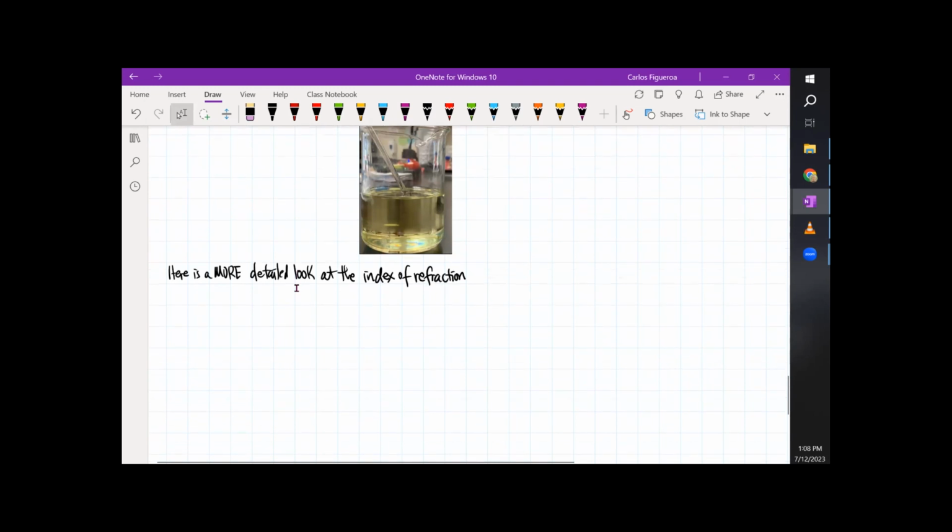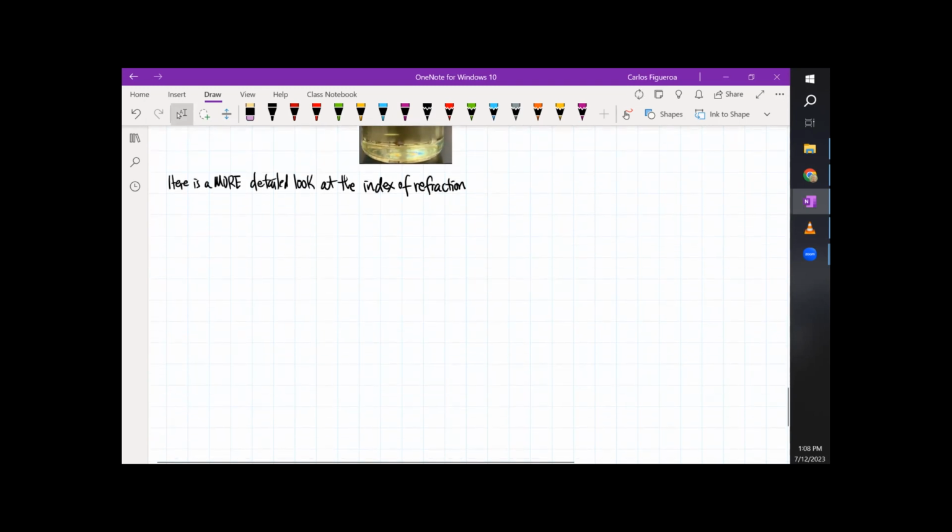So there's definitely a lot more. And if you really wanted to get into this more, you would need to take a more advanced class in electricity and magnetism.